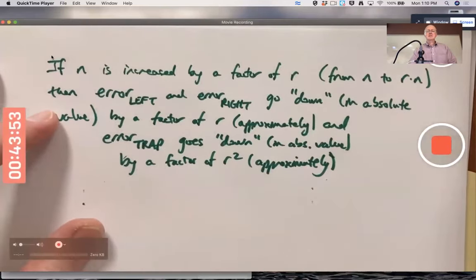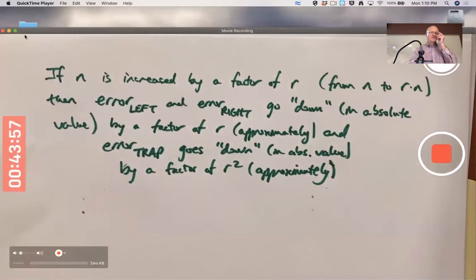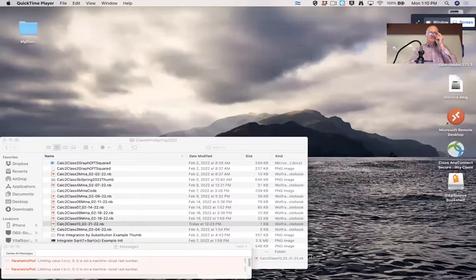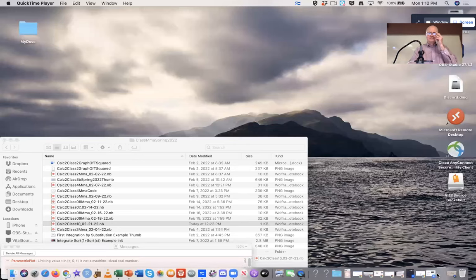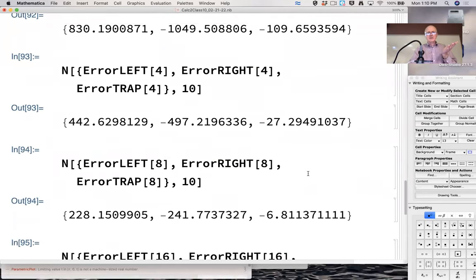Something else to notice in looking at the errors is that especially as n gets larger, it wasn't so true when n was small, looking at the left and right hand rule errors.